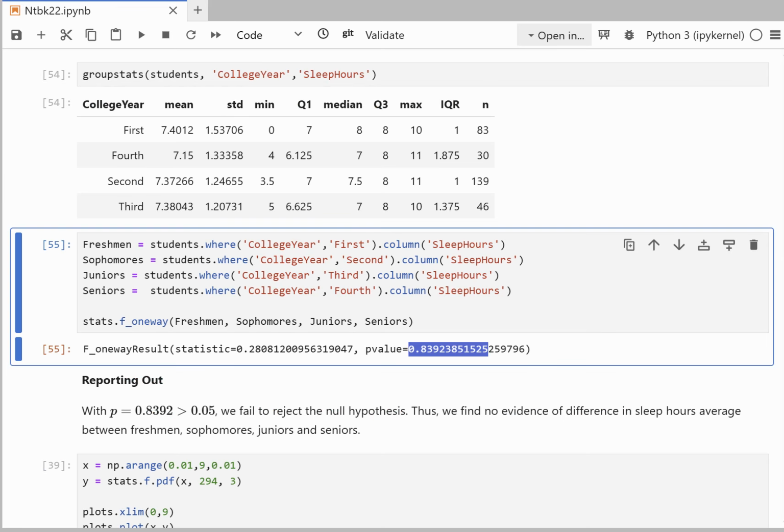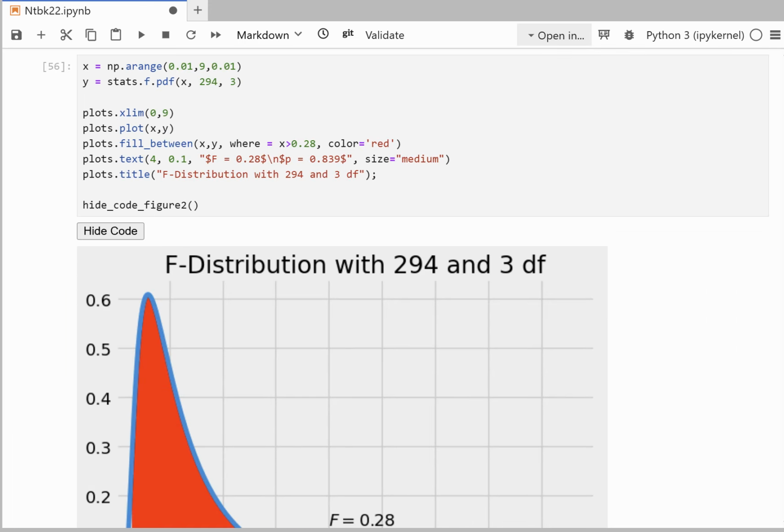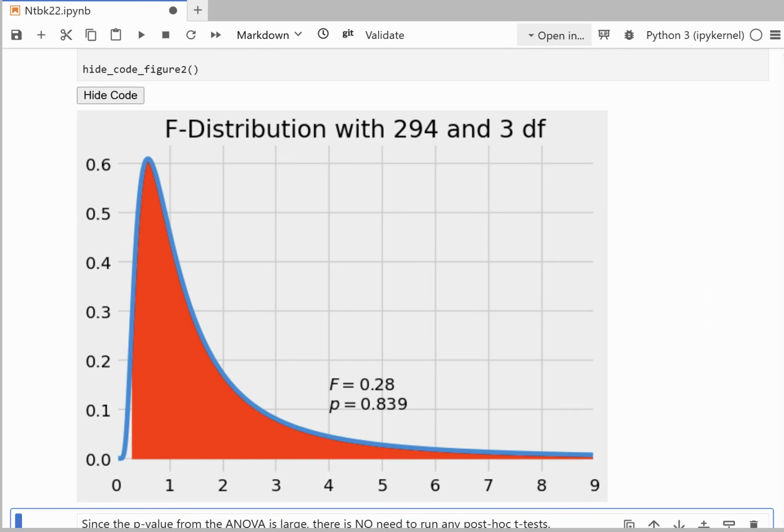And you can see we create the side by side. Oh, excuse me, this is the F statistic curve. And notice that we drew this vertical line here at F equals 0.28, and we shaded to the right of it, which ended up being 83.9% of the area under the curve.